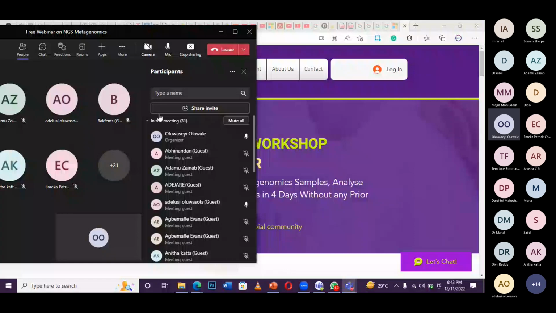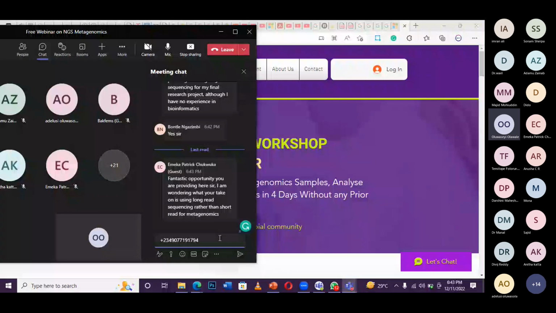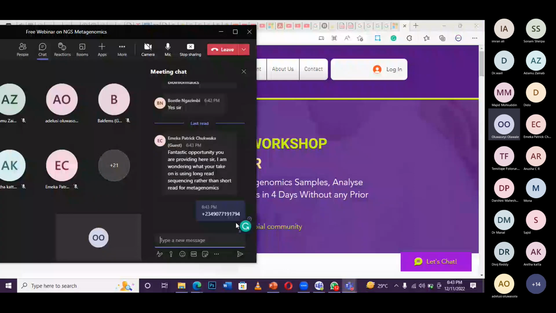Somebody said, fantastic opportunity you are providing here, sir. I'm wondering what your take is on using long read sequencing rather than short read for metagenomics. See, most times long read sequencing is focused on an individual organism. Well, there's technology that goes on working with long read.